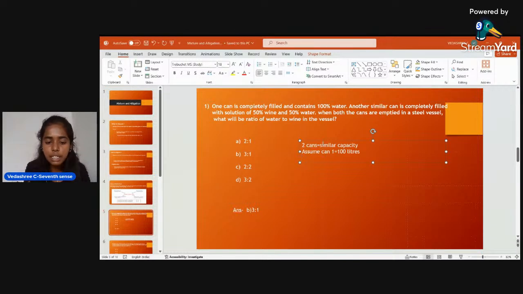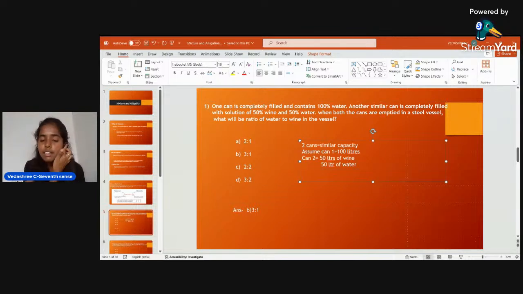Another similar can, can 2, is equal to 50 liters of wine and 50 liters of water.